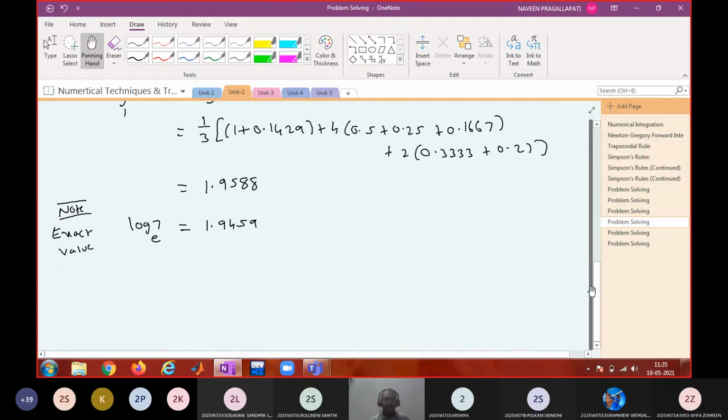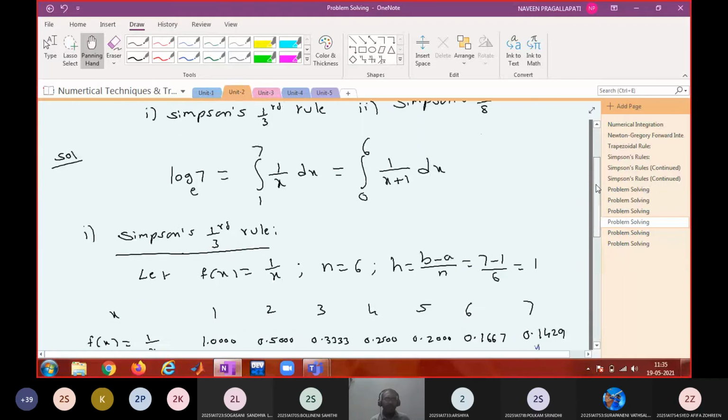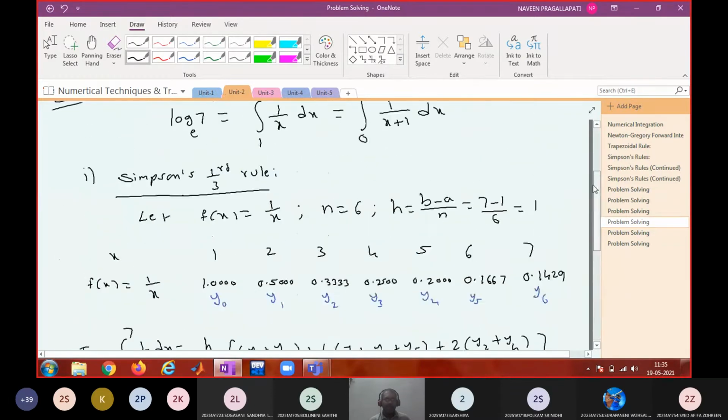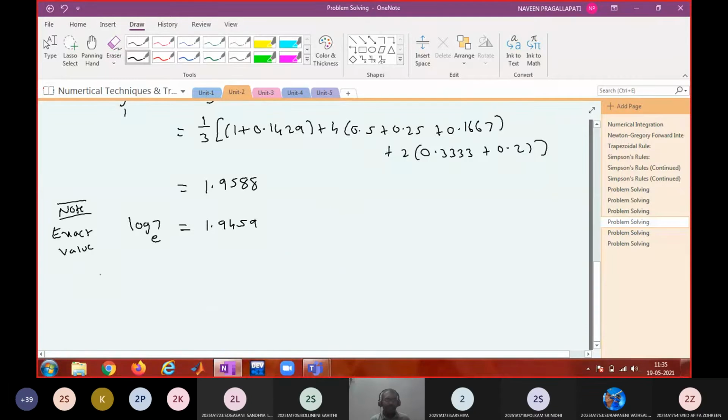So now for the same problem, you apply Simpson's 3/8 rule by taking f of x as 1 by 1 plus x.